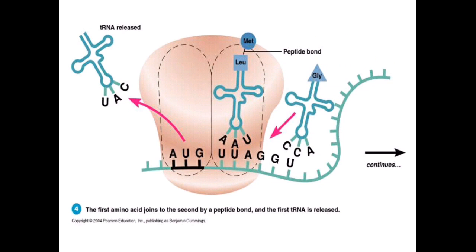And from the other end, the new charged transfer RNA comes in the ribosome and forms the peptide bond with the next amino acid. In that way, that chain of amino acids continues.